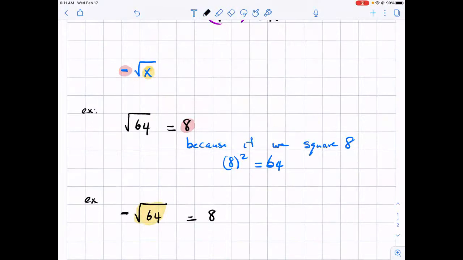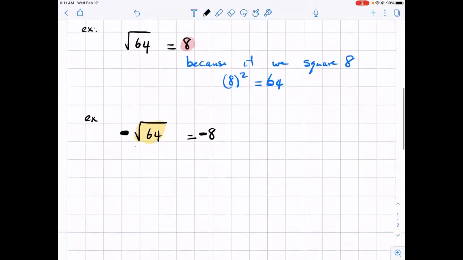But because we have a minus here, that minus goes back here. So you can think of this as the square root of 64, which is 8, and that minus sign drops down.